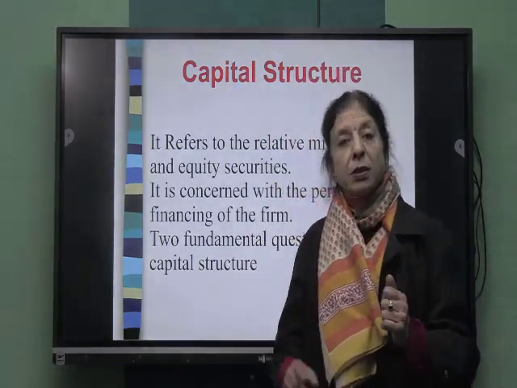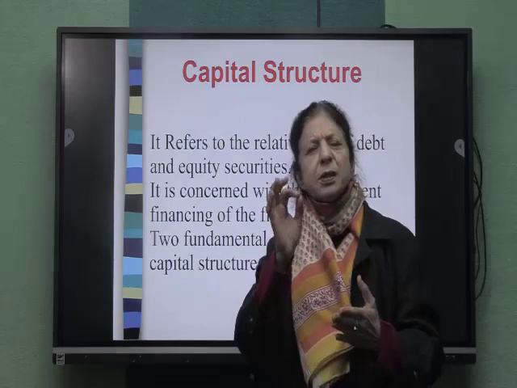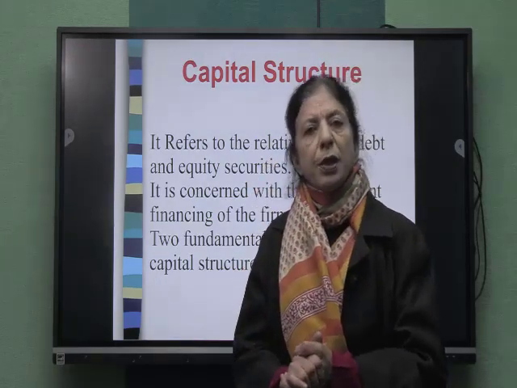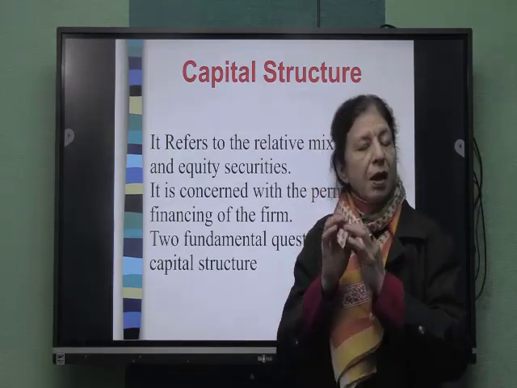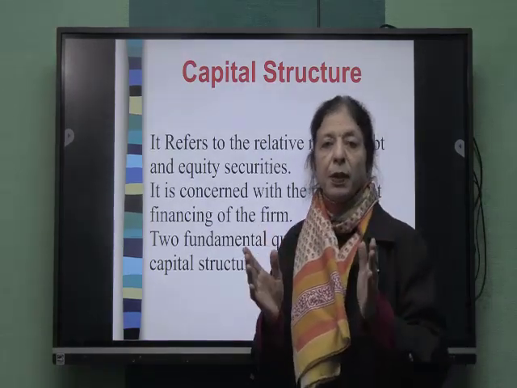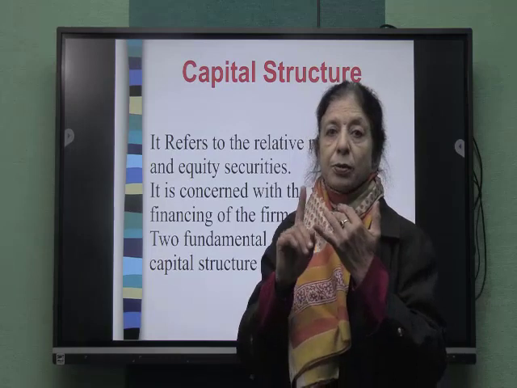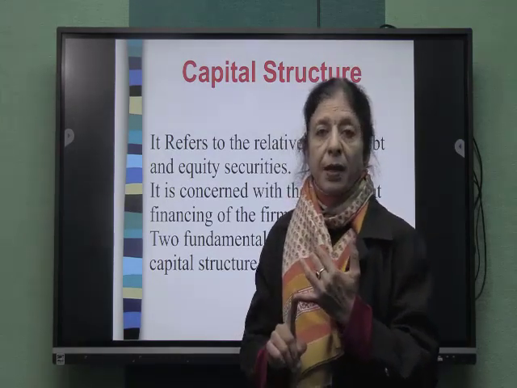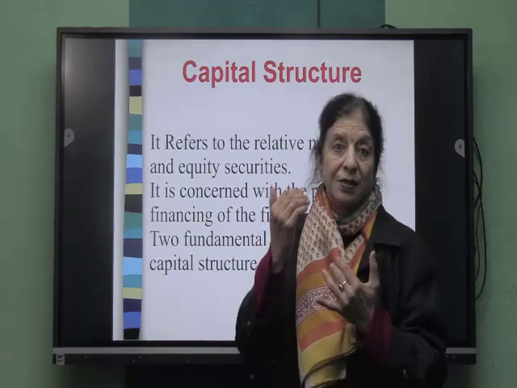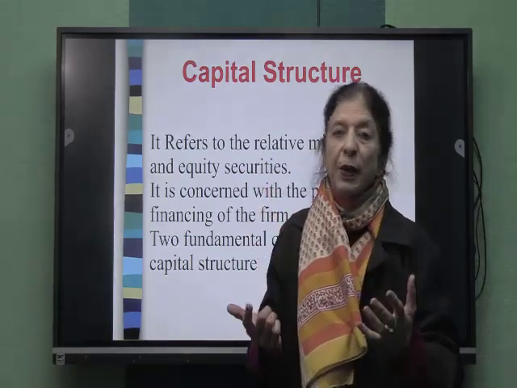Why? Because in the equity, why is a person investing the money in the equity? A person is investing because they want a return. Okay, I do agree that in that particular case, the company has no liability to pay the dividend. But at the same time, the investors or the shareholders have got the expectations.